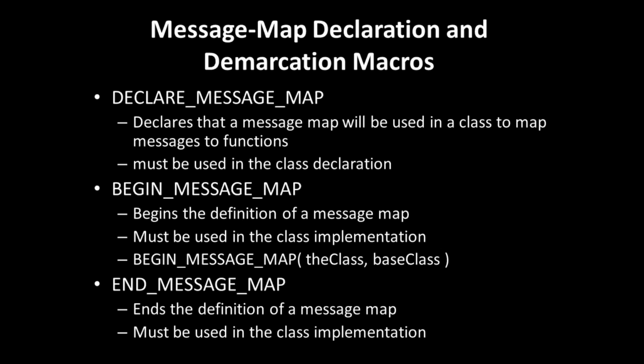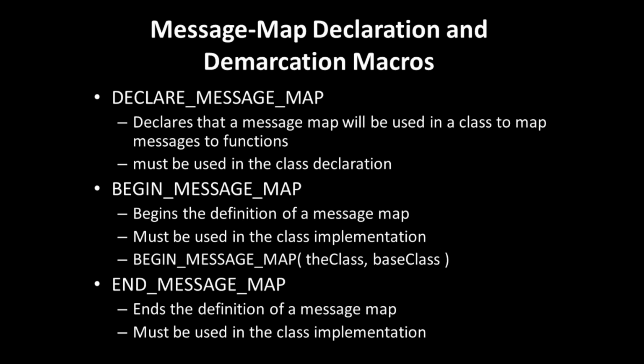Remember, in my previous session on the class hierarchy, we came to know that whenever we declare or create a class in MFC, it is always two files. One is the declaration file, another one is the implementation file. In the declaration file, we need to add this line, DECLARE_MESSAGE_MAP.